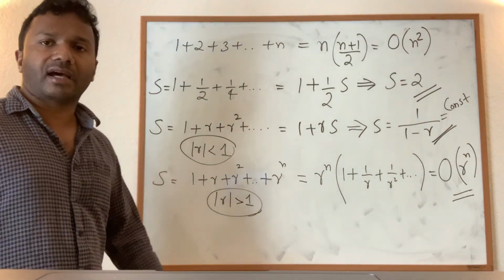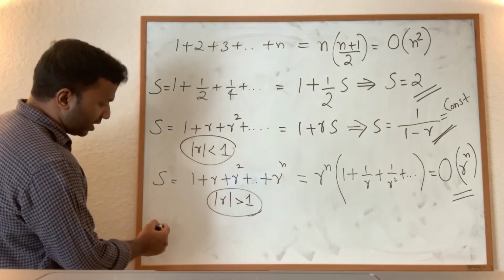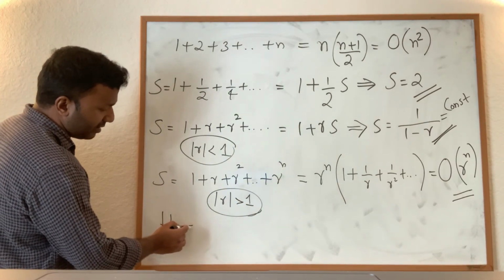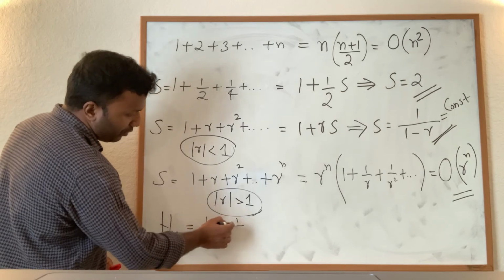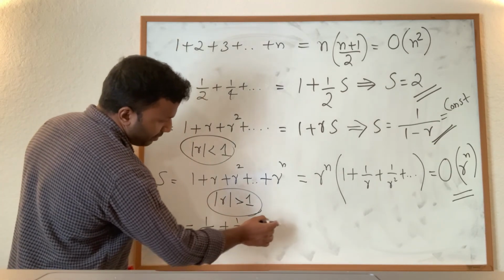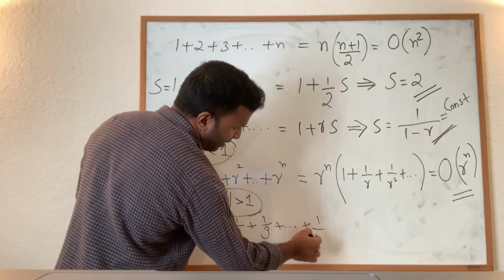And the last thing is the harmonic series. I hope you remember. Harmonic series you represent using Hn, that is 1 over 1 plus 1 over 2 plus 1 over 3 plus up to 1 over n.